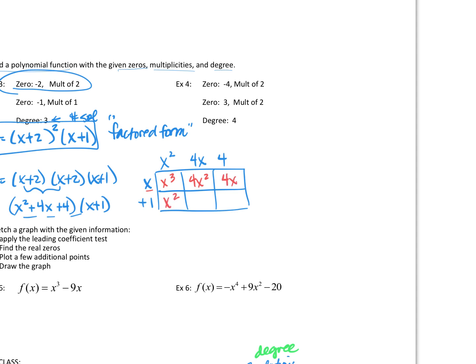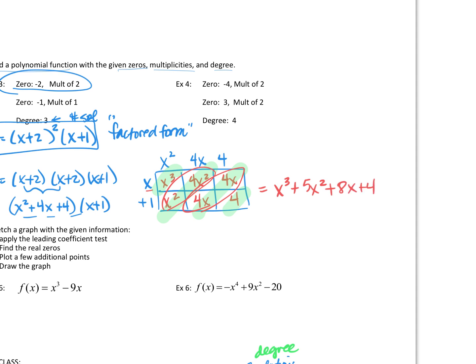This will be x squared. This is 4x, and this is 4. All right? If I've done it correctly, the diagonals will be like terms, and I can combine them. So I have x to the third, and then I combine these two, right? That becomes plus 5x squared plus 8x plus 4.